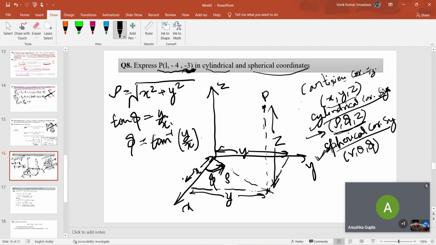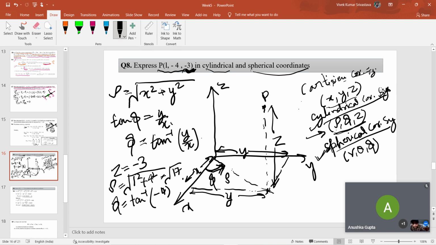So here z will be the same, -3, whereas rho you can find out as the square root of 1 square plus 4 square, which is equal to root 17, and phi you can determine as tan inverse of -4. So that's how you can determine the value of rho, phi and z. The same point represented in the Cartesian coordinate system is represented in the cylindrical coordinate system.